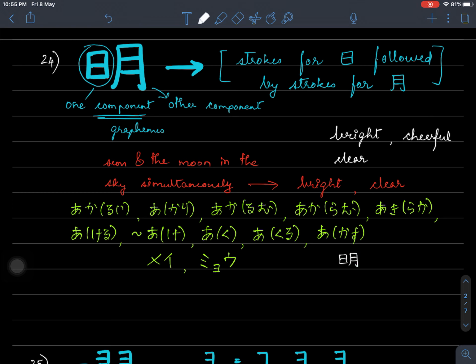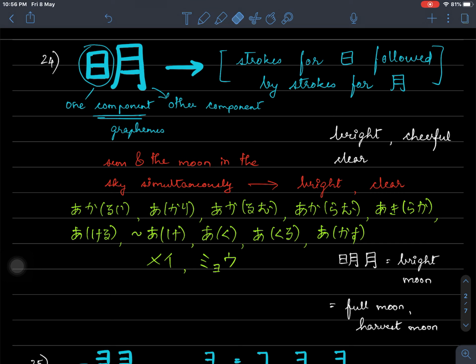So let's see if you can guess the meaning. It means bright moon. Clearly, right? A bright moon. So when is the moon at its brightest? It means it's on a full moon night. So a bright moon also means full moon, or it can also mean a harvest moon. Of course, harvest moon showing up in, I imagine, literary works rather than regular conversation. So that's what that means.